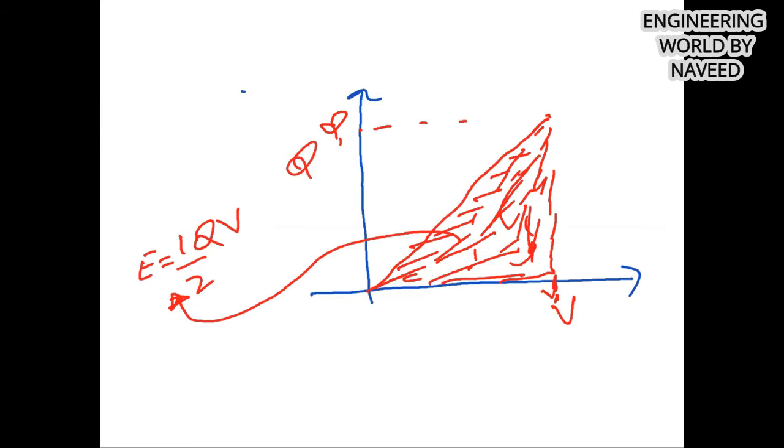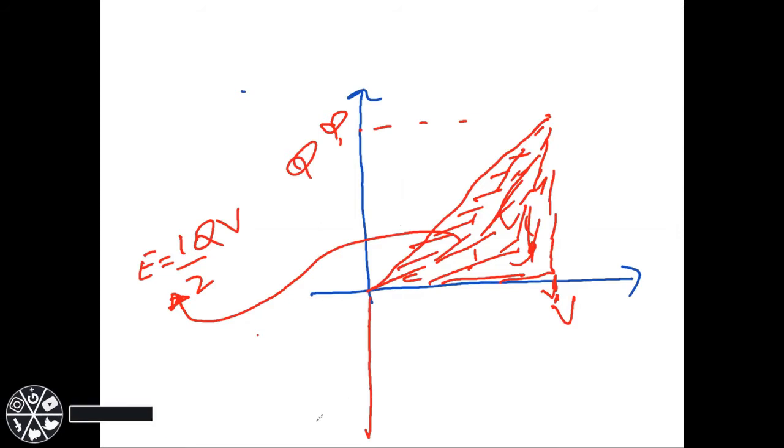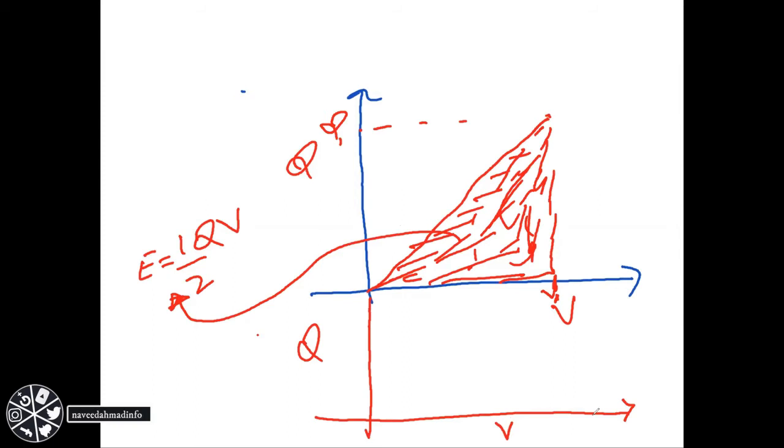Okay, so there is another graph included in your book. Now if you want to find how much energy will be required for the capacitor to store this much charge, before going to this, I want to clarify another point.